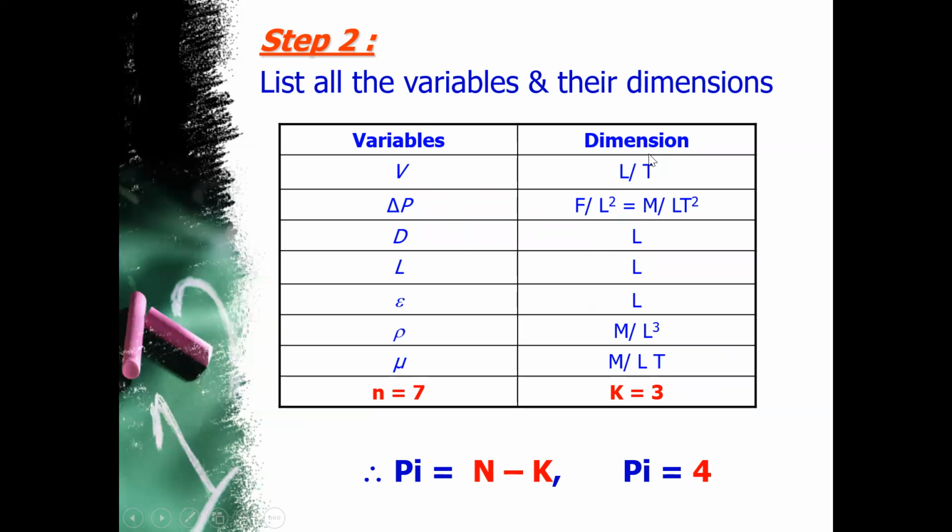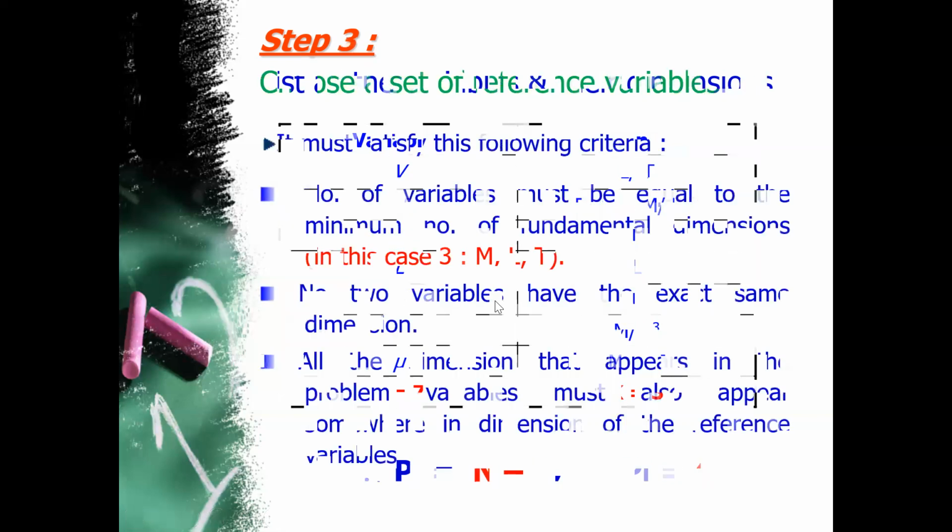You can have all of these containing L, but choose the simple one. Maybe this one, D, where L is equal to D. This is the length of pipe, diameter of pipe, and this is surface roughness. This one is simple because it's straightforward. Of these 3, which one to choose? You can choose D, or you can also choose this one, where L is equal to L. You can make your choice.